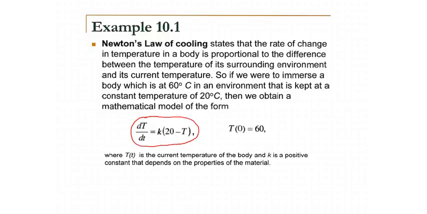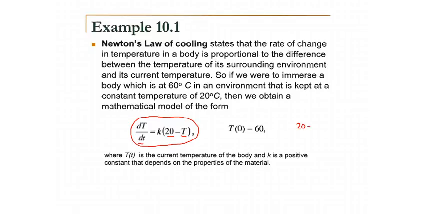So we've got a change in temperature, the temperature changing with respect to time. The body is in an environment at 20 centigrade, and we have a body that's initially hotter, for example initially at 60 degrees.